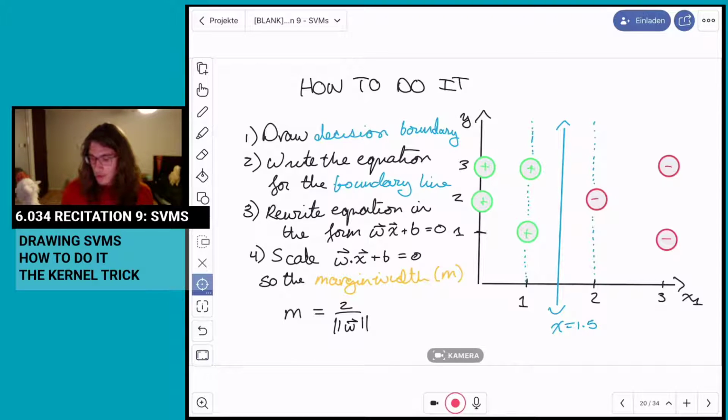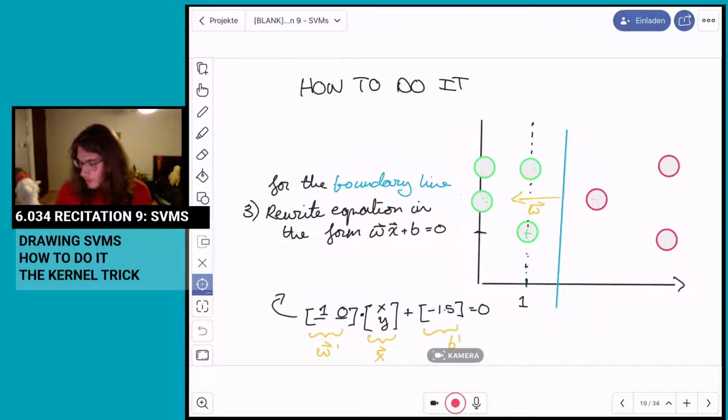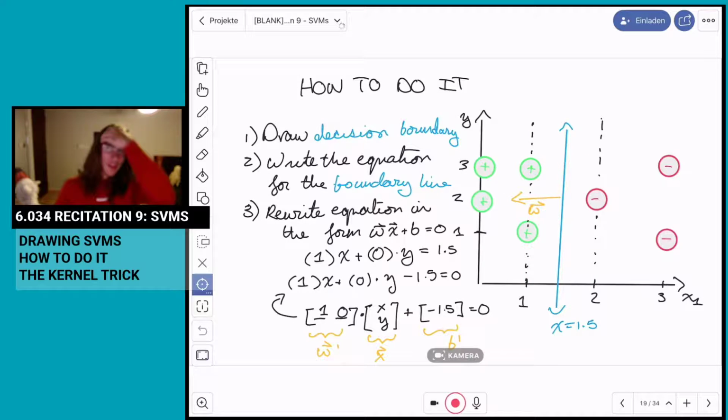Now the problem is, first off, when I first defined the normal vector, I said that the W points toward the positive points, right? If we look at this 1, 0, this points in the negative direction. So that's wrong.